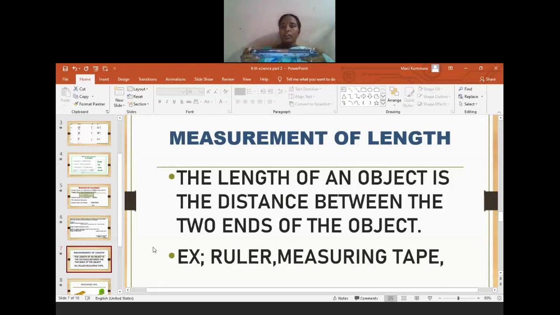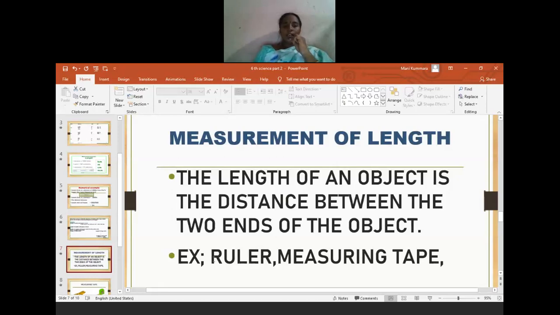So this is the length of the object. The length of the object is the distance between the two ends of the object. It may be a table, a book, or a chair.